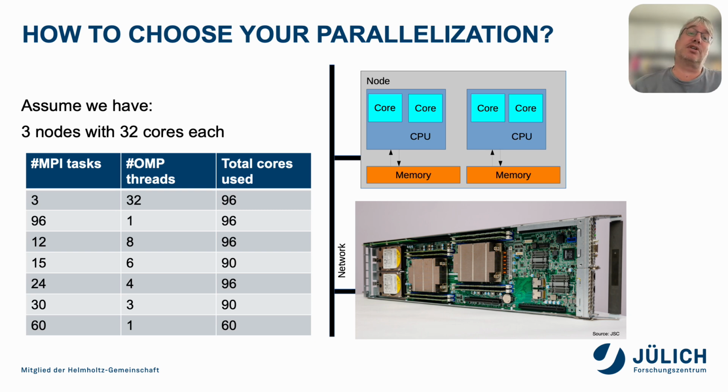So we have a total number of 96 cores, and we can of course do something like 3 MPI tasks. That's the minimum we have to use in order to be able to use the 3 nodes. And we can use 32 OpenMP threads, but we can also distribute the different cores we use somehow differently. And the question is, how do we actually do that, and what is the best choice?